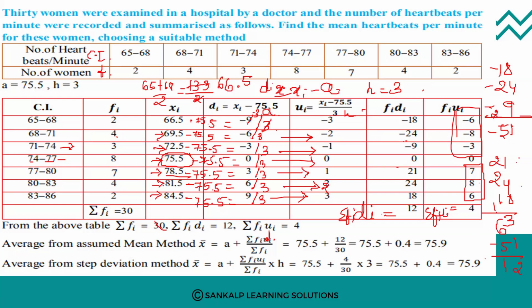Next, average from assumed mean method. What is the formula for assumed mean method? A plus sigma Fi di divided by sigma Fi. A value, the assumed mean, is 75.5, right?